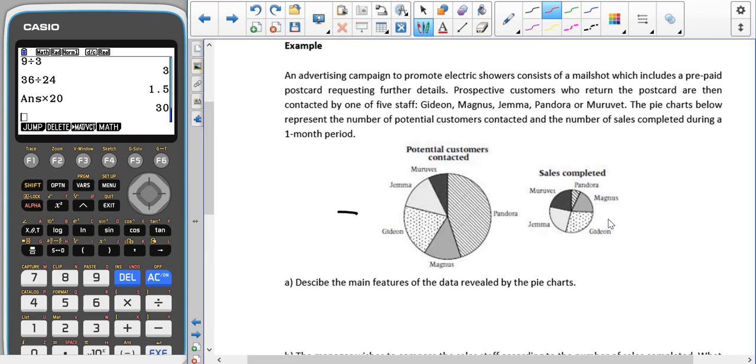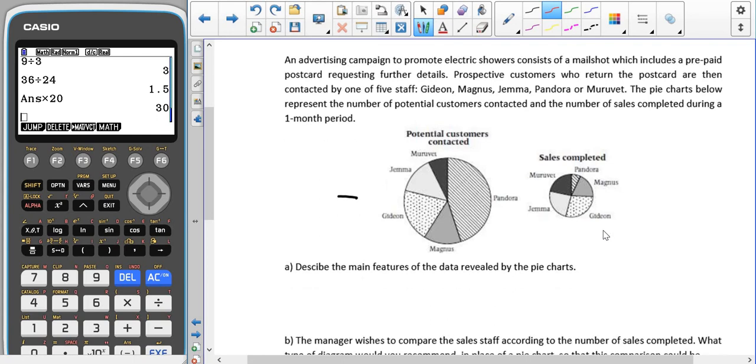This is in line with what we would think would happen, that they would contact everybody who returned the postcard, but not all of those people would then go on to make a sale or buy a product. So that's why the sales pie chart is much smaller than the potential customers contacted pie chart.